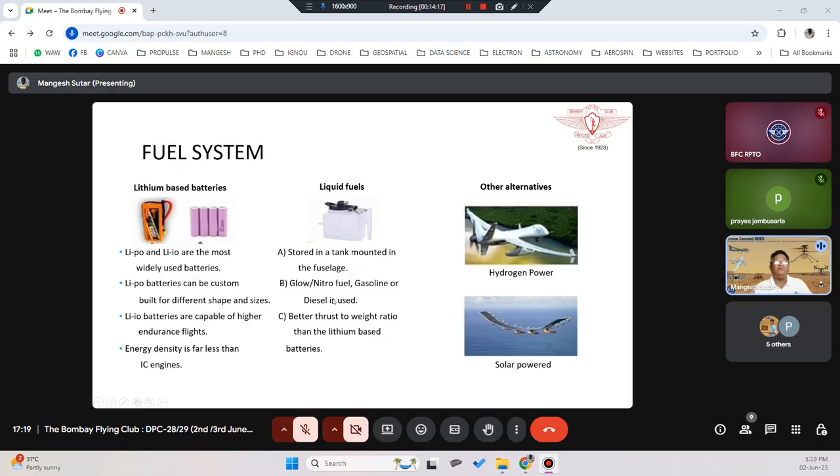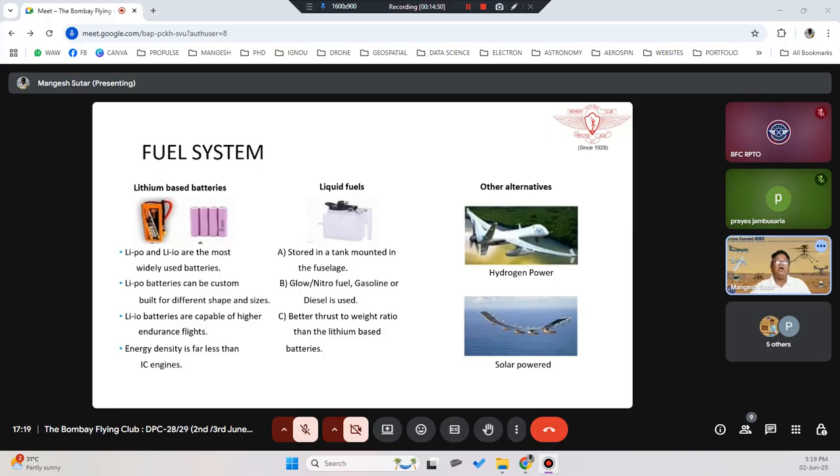A 10 liter tank will not weigh much compared to 10 kg of batteries, which will be very costly. The amount of lithium used will be expensive compared to the liquid fuel. It's a simple plastic grade tank used with the IC engine. So you get a better thrust to weight ratio as well as longer endurance with liquid fuel.